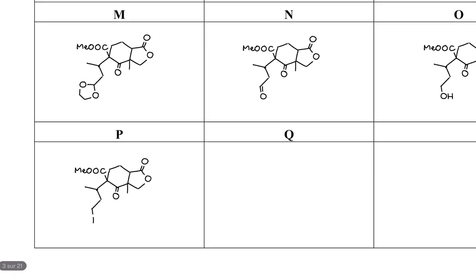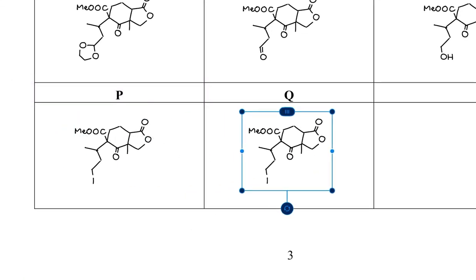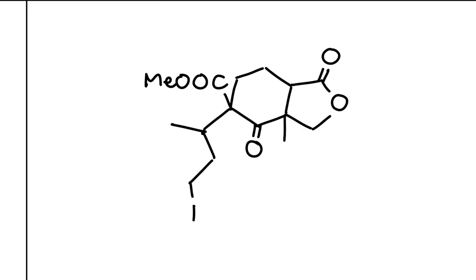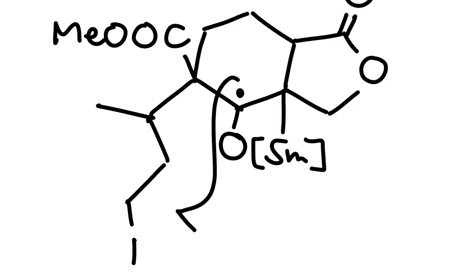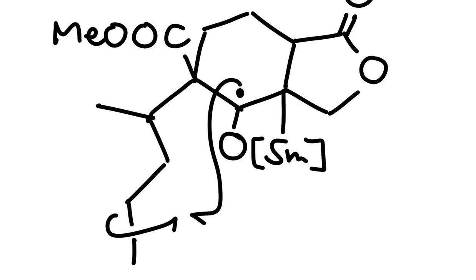Now, samarium diiodide will do a single electron transfer, a SET, on our ketone, and it will leave us with this radical, and then this radical can react intramolecularly with the iodine.